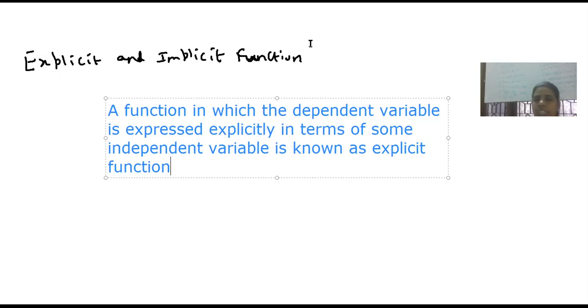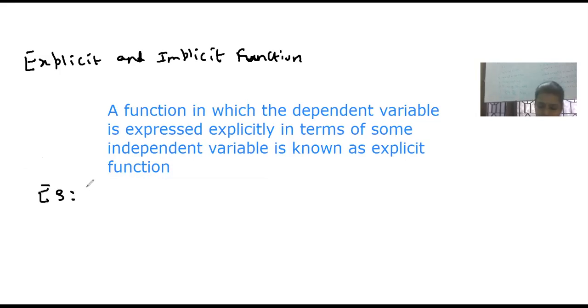For this I will give you examples. For example, we have y is equal to x square plus 3, and another example, y is equal to e power x plus e power minus x. So here, if two variables x and y are connected by the relation of the function f of x comma y equal to 0, and none of the variables is directly expressed in terms of the other, then the function is called an implicit function.